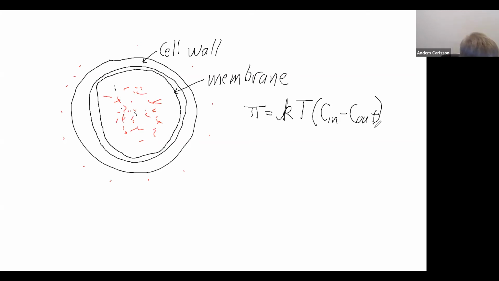Okay, so that's fine, but how would we measure this osmotic pressure? It's actually hard to get it. If the cell is really big, you can get a sensor in there, but otherwise we have to do something indirect. Okay, and so here's one way of doing it.